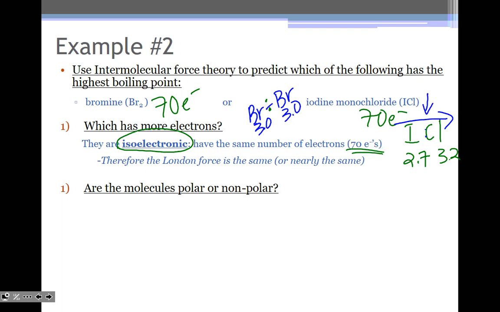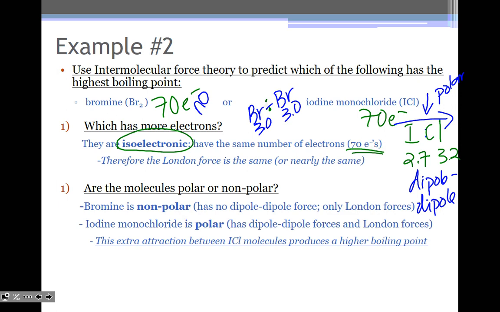This is polar. So if it's polar, it has dipole-dipole, right? This has no dipole-dipole because it's nonpolar. Bromine is nonpolar, has no dipole-dipole force, only London force. Iodine monochloride is polar, has dipole-dipole force, and it also has London force.